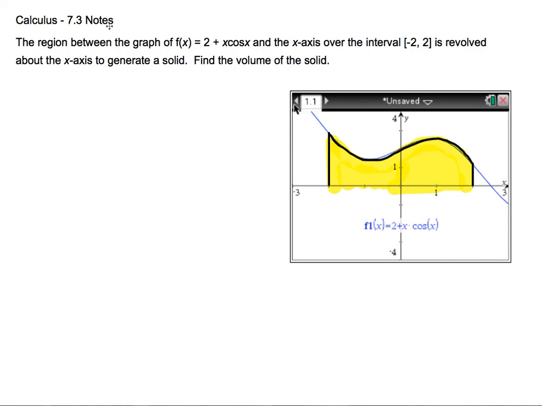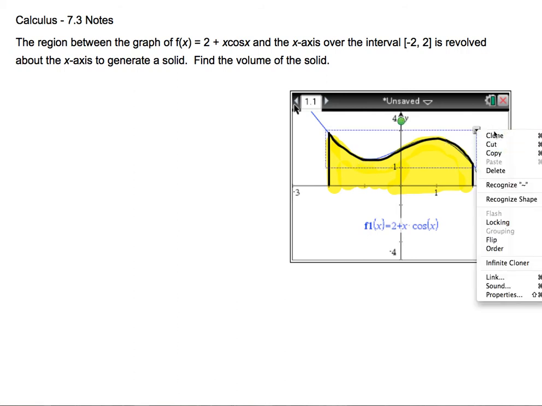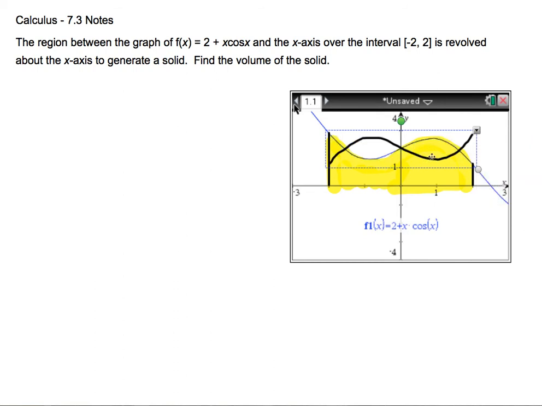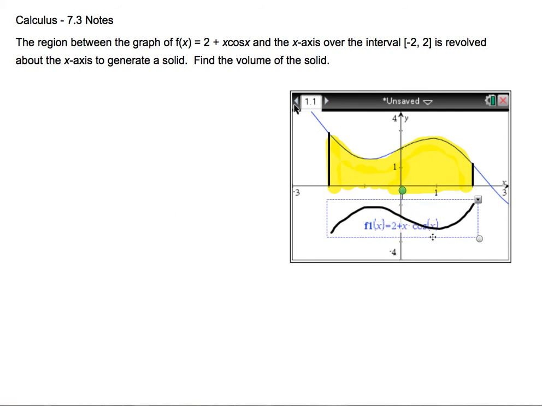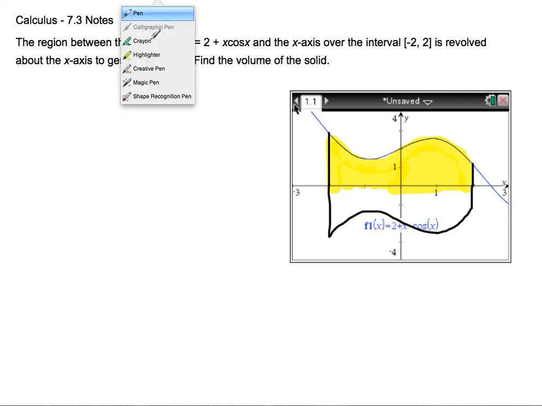And when we do that, I'm going to get this kind of a shape right here. So now I've got this shape with this extra area added in.